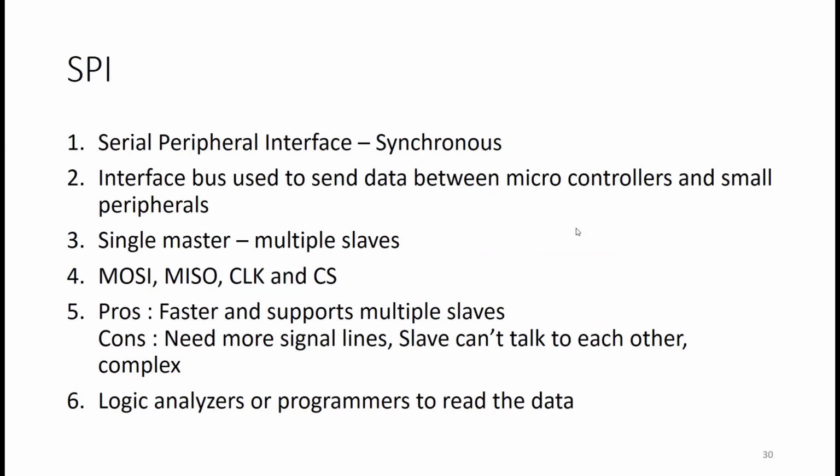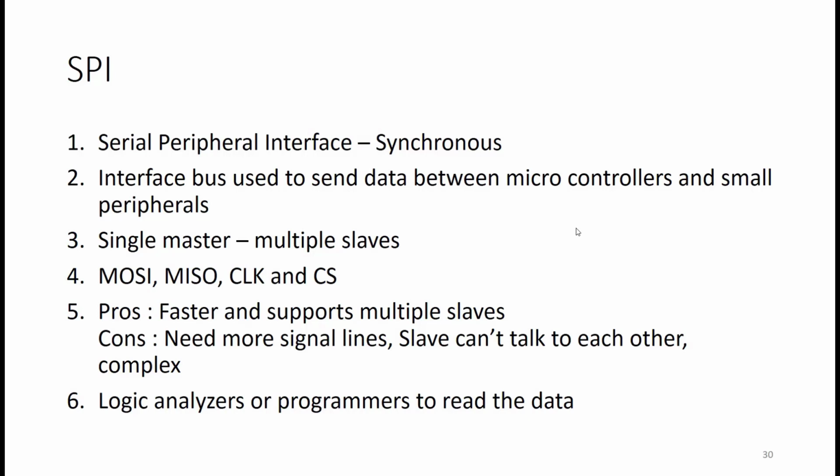In the same way we have another protocol called the SPI protocol. This is similar to JTAG because it is also synchronous, uses a clock signal, and can send data to multiple peripherals or slaves.